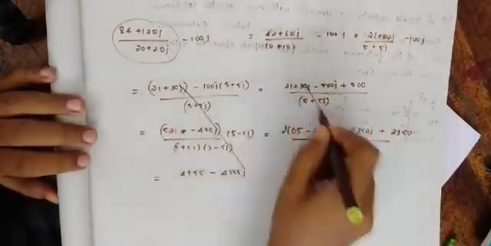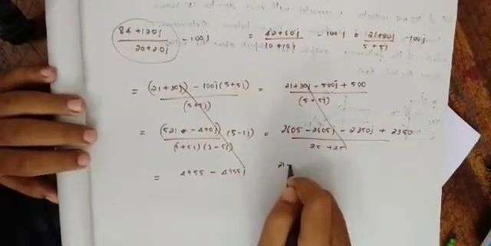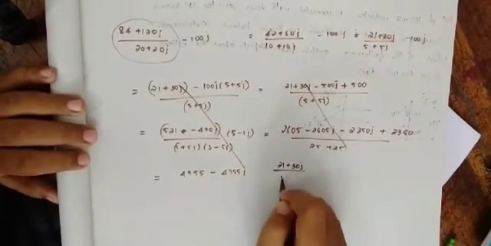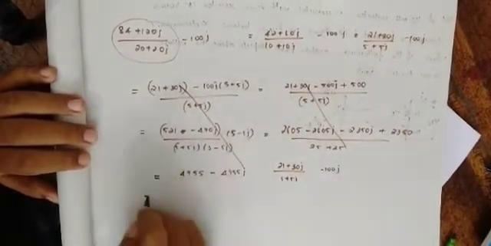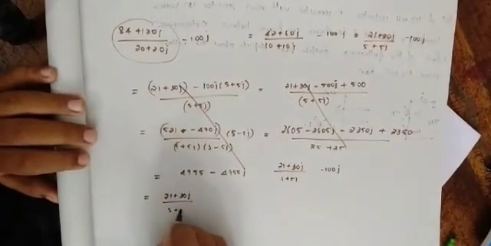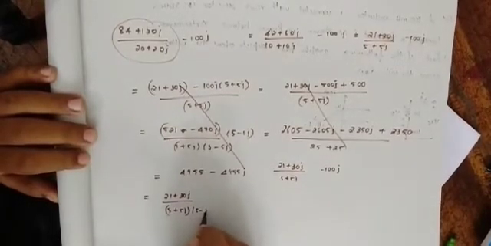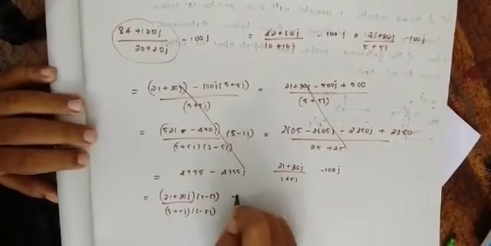I'll do it once again. 21 plus 30j divided by 5 plus 5j minus 100j. I'll rationalize it from here. 5 plus 5j, 5 minus 5j, 5 minus 5j minus 100j.